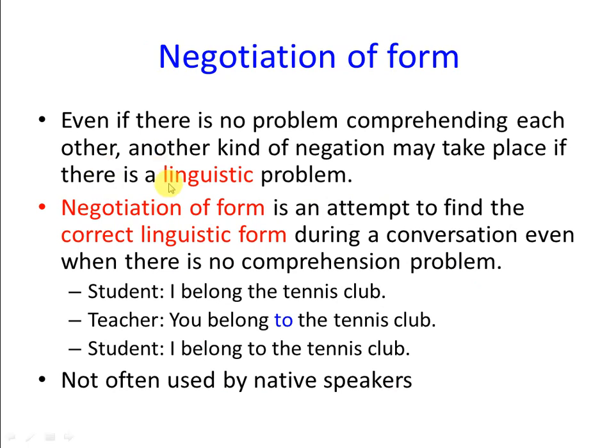So negotiation of form is an attempt to find the correct linguistic form during a conversation, even when there is no comprehension problem. So for example, a student says, I belong the tennis club, and the teacher says, you belong to the tennis club, and the student corrects this initial sentence and says, I belong to the tennis club.